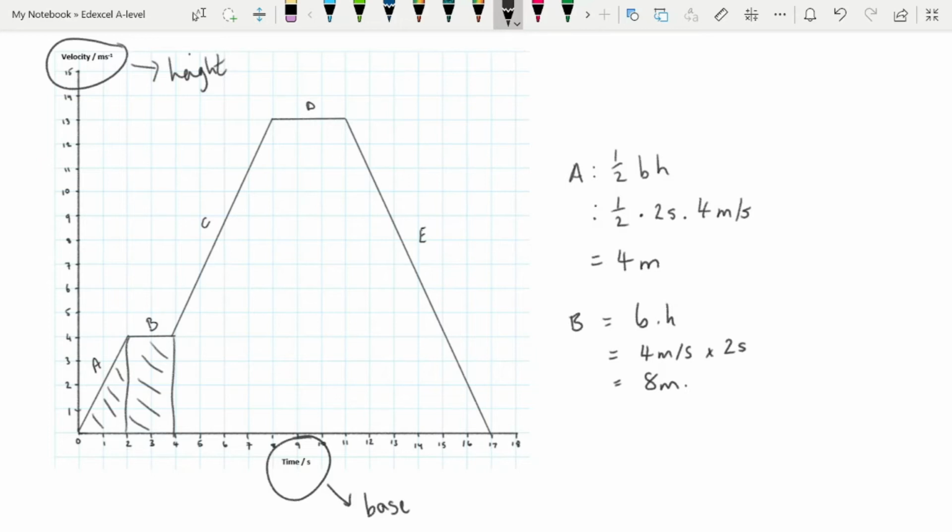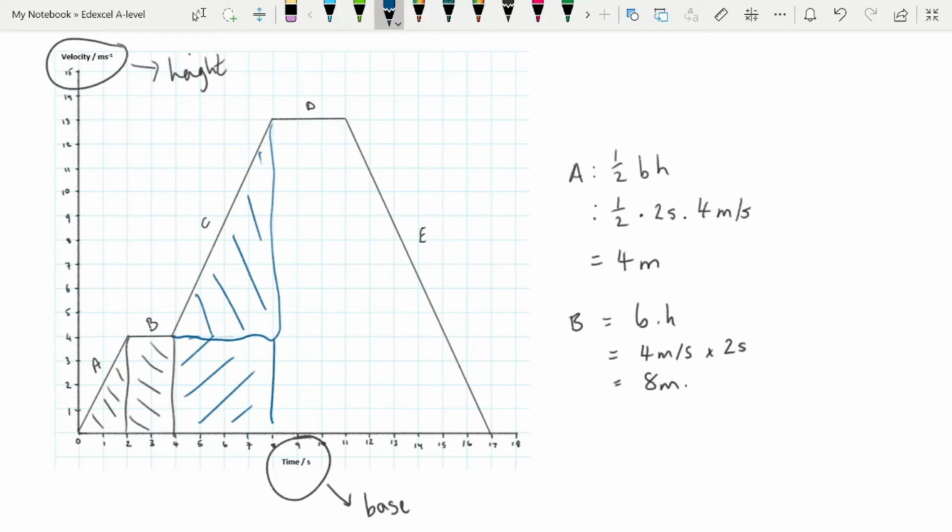It's slightly different when you come to a part like C and D. C is made up of 2 parts: a triangle there, very roughly drawn, and a rectangle here. You'd need to find the area of the rectangle and the area of the triangle and add them together.